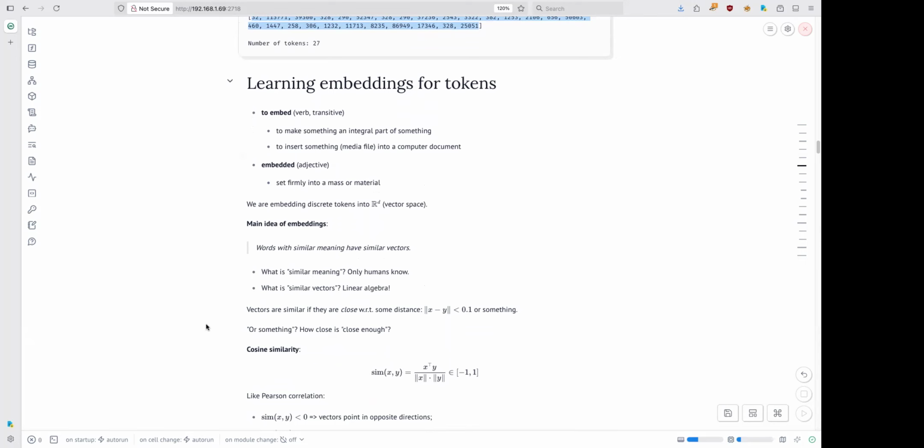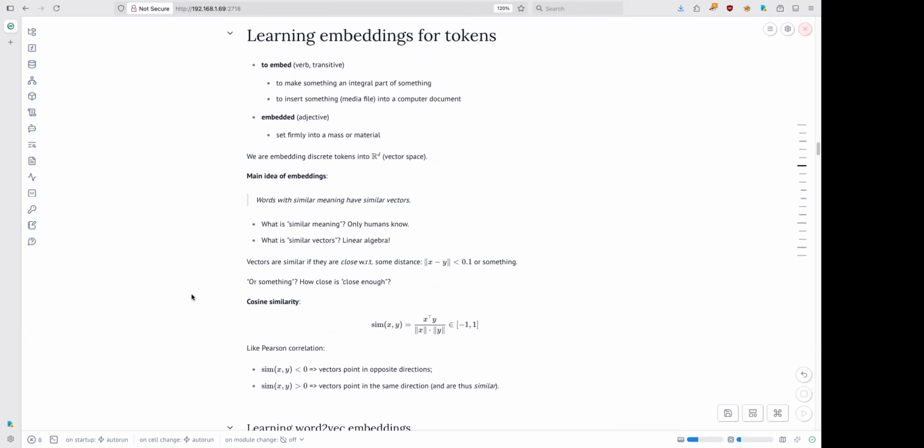We can ask what we mean by similar meaning. We don't really know. We are humans, so we kind of inherently know what similar meaning is. Only us humans know what we mean by similar meaning, and the computer doesn't. That's the entire point.